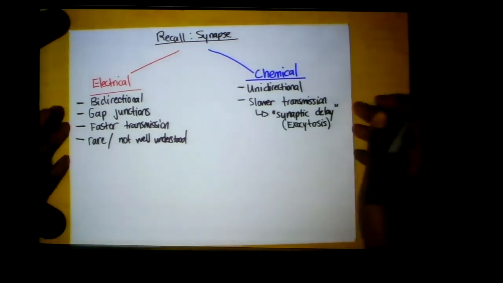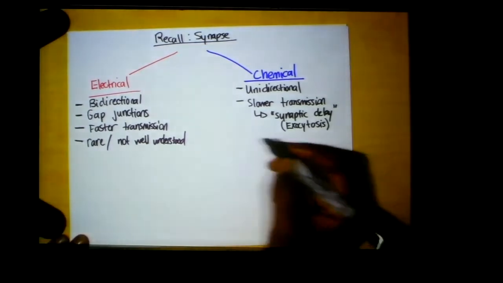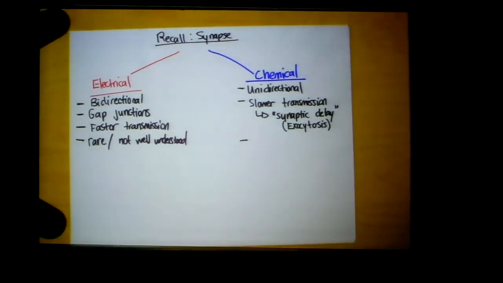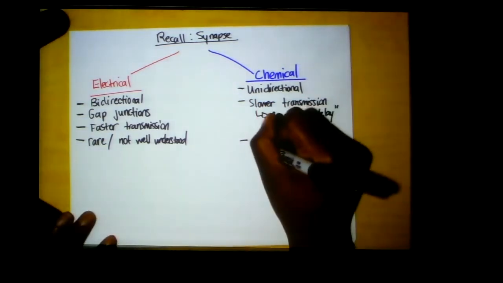Okay, very important distinction. We also said it required a few players, chemical synapses. Does anyone remember the two players we talked about? We sort of introduced them last time. So there are structures that are required for a chemical synapse, but not for an electrical synapse. We talked about neurotransmitter.